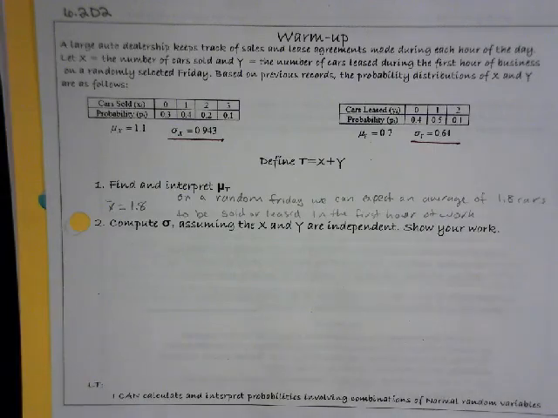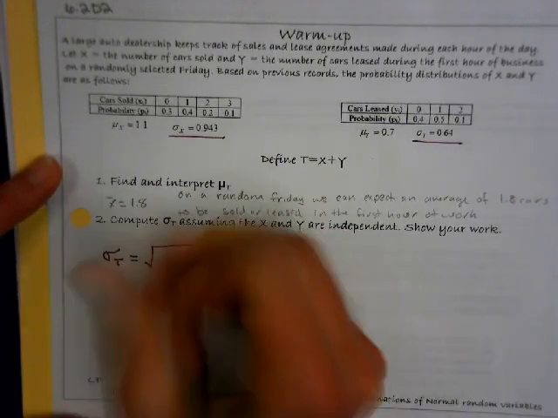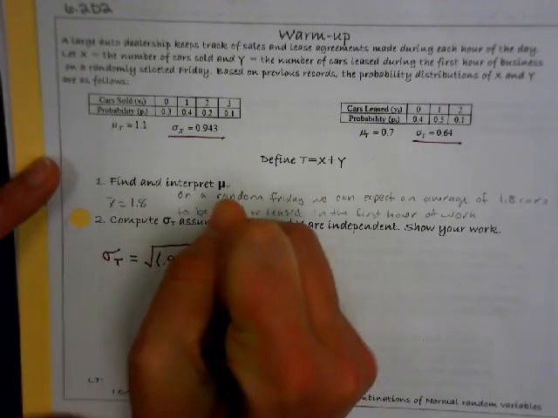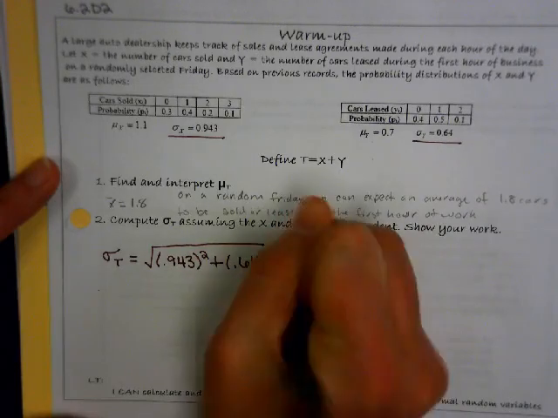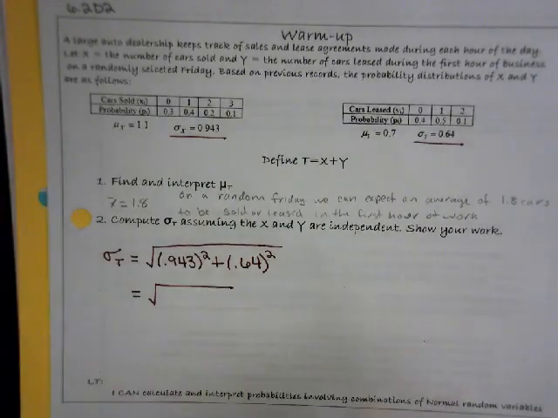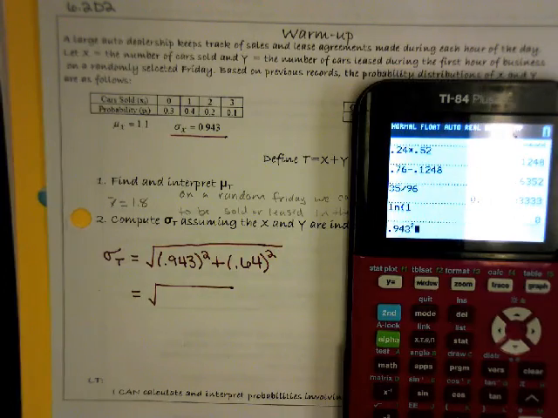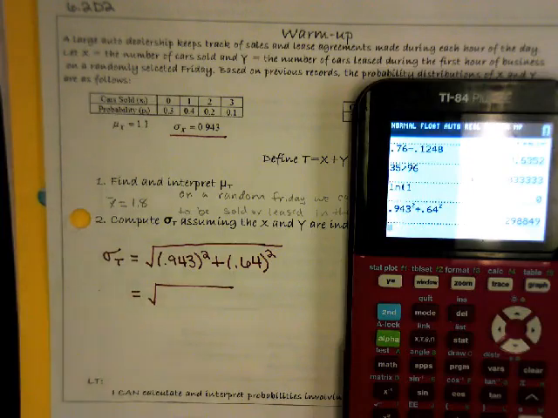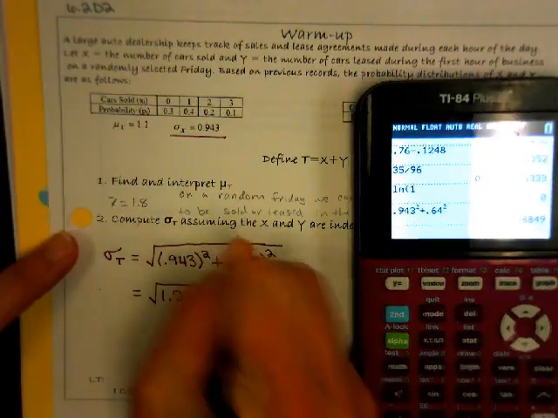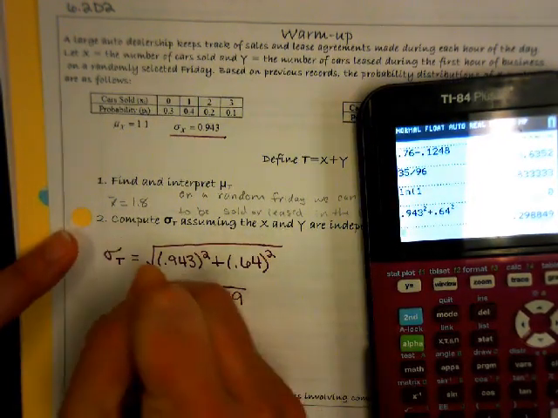I square them. So to find the standard deviation of t, I'm going to take the square root of 0.943 squared plus 0.64 squared. 0.943 squared plus 0.64 squared is 1.298849, and then I'm going to square root that to get the standard deviation of t.